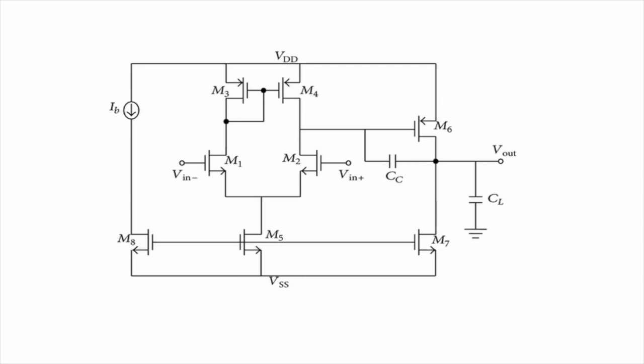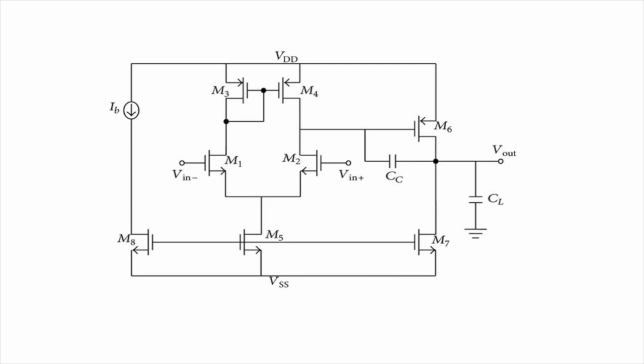And from the slew rate specification of the OPAMP, we can find the first stage current, because the slew rate is given by the current through the MOSFET M5 by the Miller capacitance Cc. And from the gain bandwidth specification, we can find GMN1 as gain bandwidth is equal to GMN1 by the Miller capacitance.